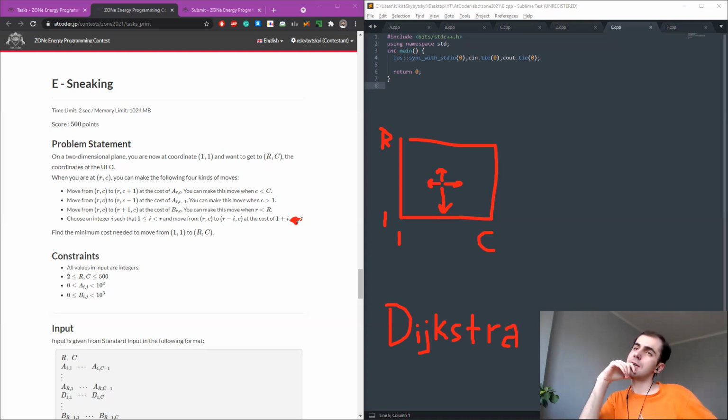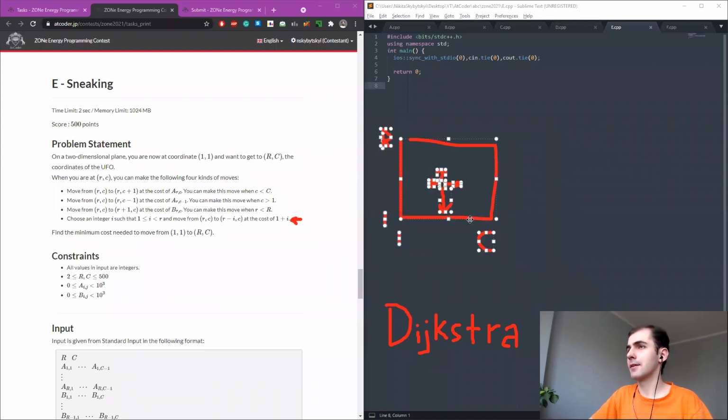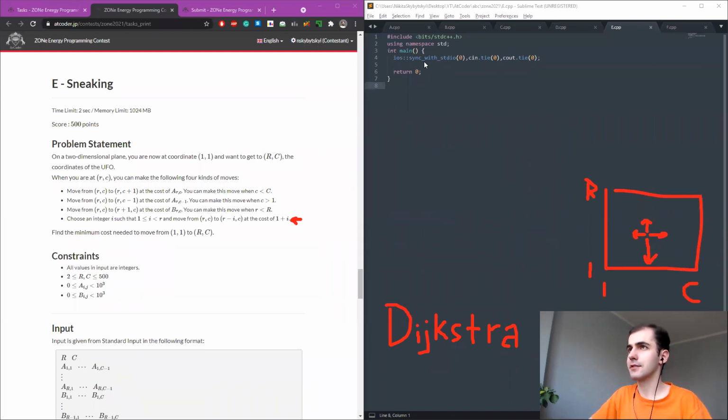And the input array is strange, or not an array, but a matrix, I should say. As we already know, there's one thing you never can get wrong, and this is reading input. Right?